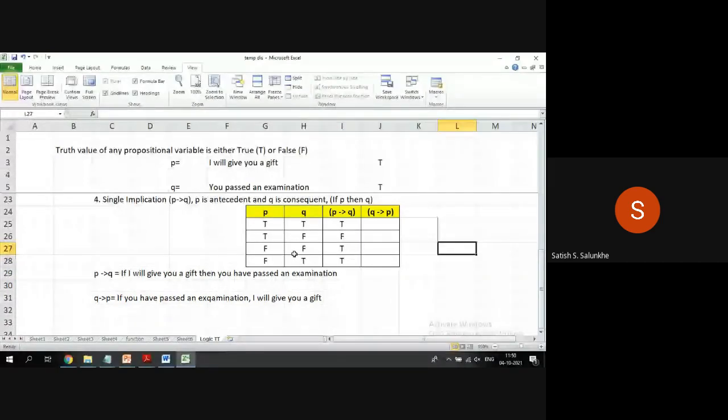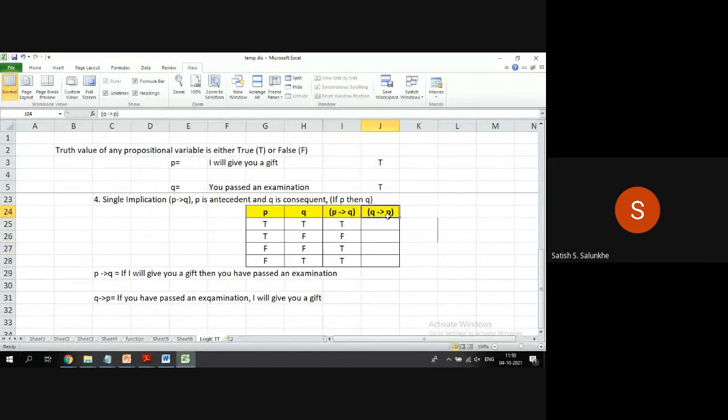When this is going to be false: when I am giving you a gift, you have to pass an examination. If P is true, then Q has to be true. If I am not giving you a gift, it doesn't mean that I am violating my condition. If I am giving you a gift, then I need to check the Q part. But if I am not giving you a gift, I am not going to check this. This is with respect to P implies Q.